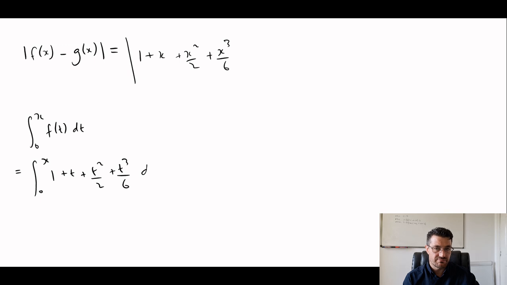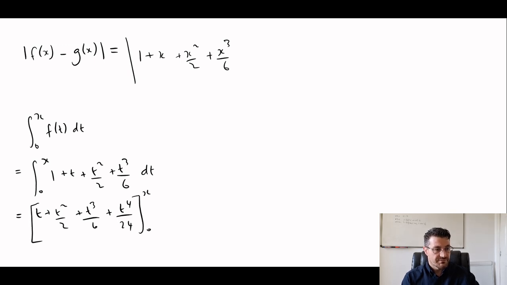I mean, this is just easy, basic integration, right? This shouldn't present any difficulties. So it's t plus t squared over 2 plus t cubed over 6 plus t to the 4th over 24 between 0 and x, which is just equal to x plus x squared over 2 plus x cubed over 6 plus x to the power of 4 over 24.